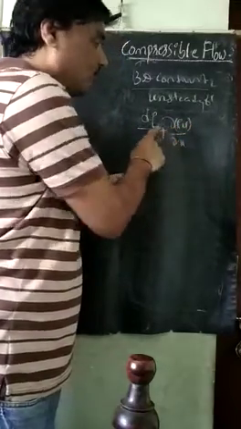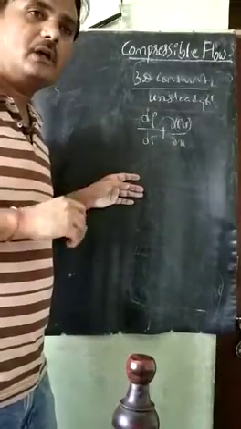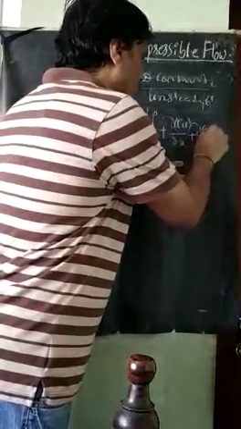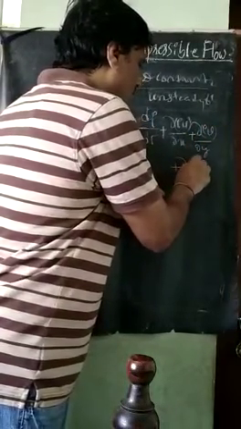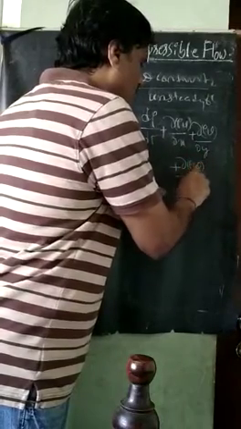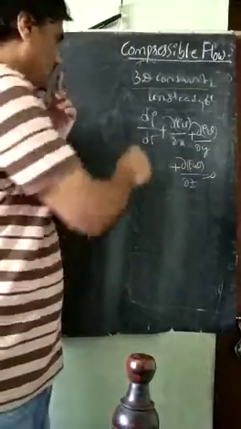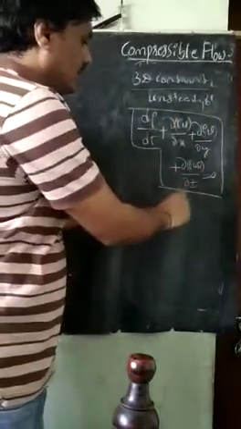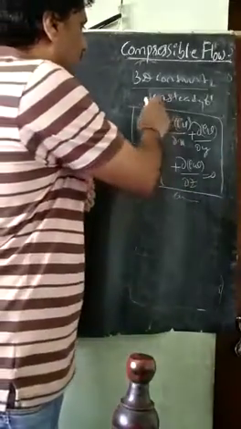Here I am not taking rho outside. Why? Because the density is also varying for the compressible flow. Plus dou rho v divided by dou y plus dou rho w divided by dou z is equal to 0. This is the three-dimensional continuity equation for the compressible flow, for unsteady flow.